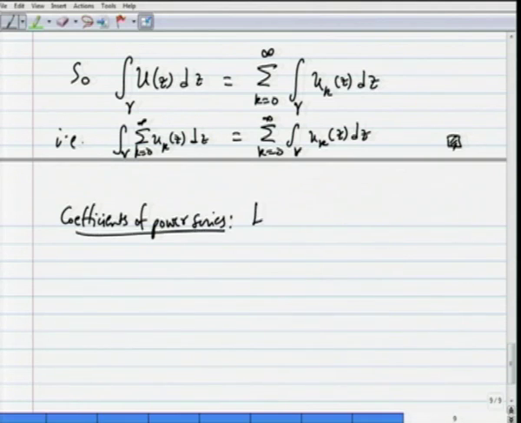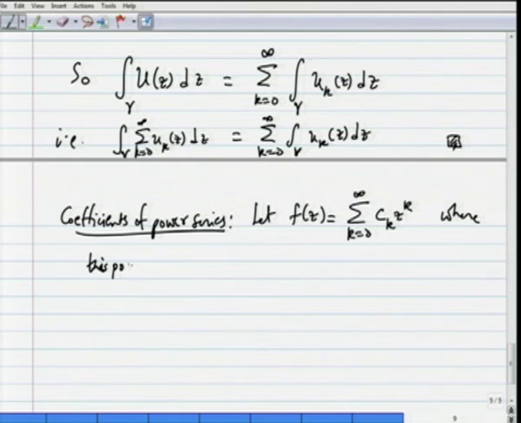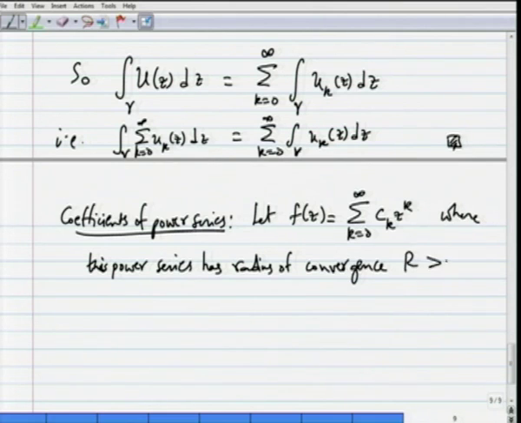Let f of z equal the sum over k equals 0 through infinity of c k z power k, where this power series has radius of convergence R strictly greater than 0, so positive radius of convergence.